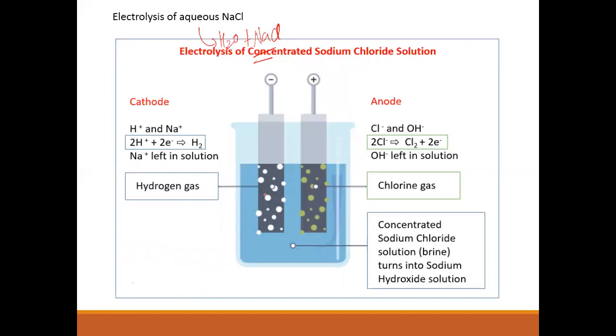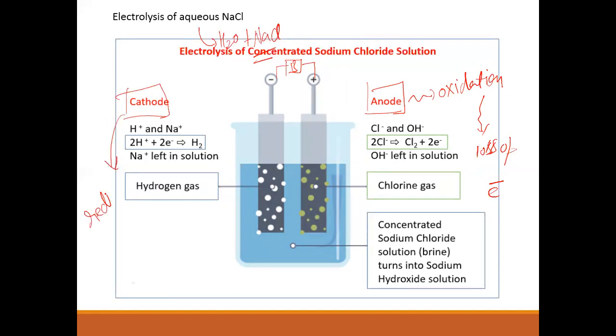When two electrodes are connected with a battery, the positive terminal is the anode and the negative terminal is the cathode. At the anode, oxidation takes place, meaning loss of electrons, whereas at the cathode, reduction takes place, meaning gain of electrons.